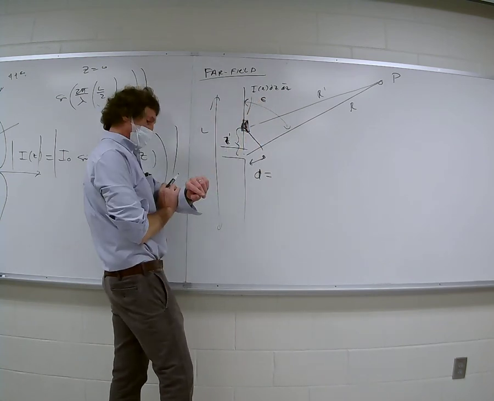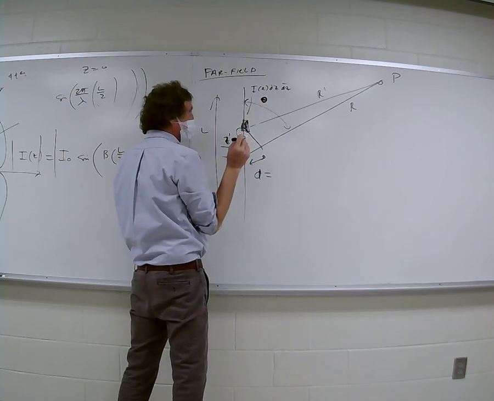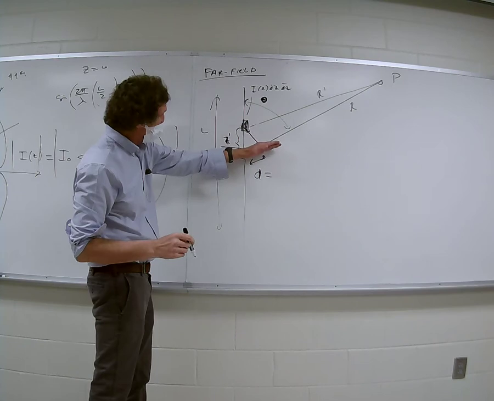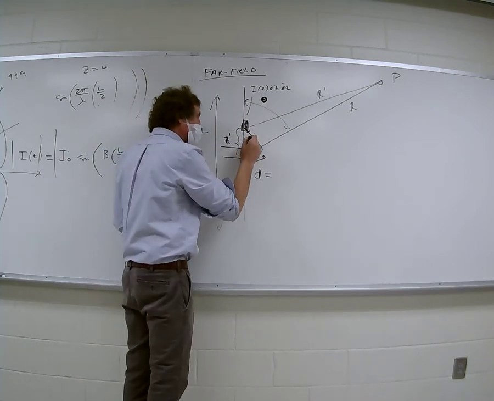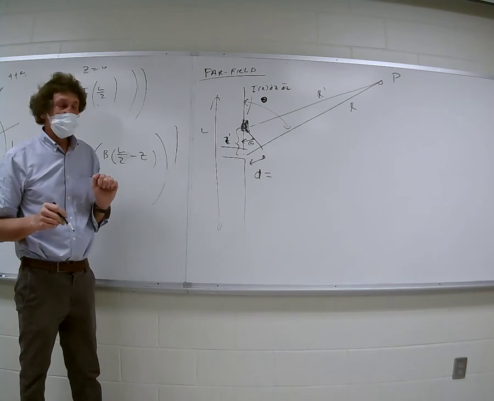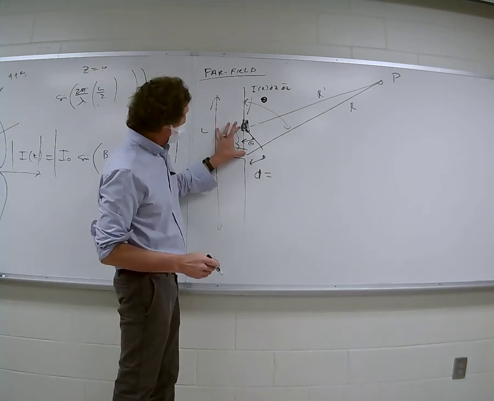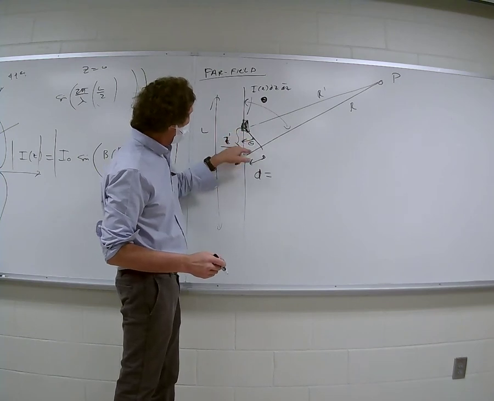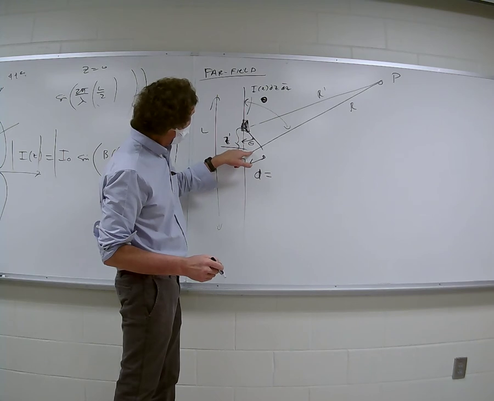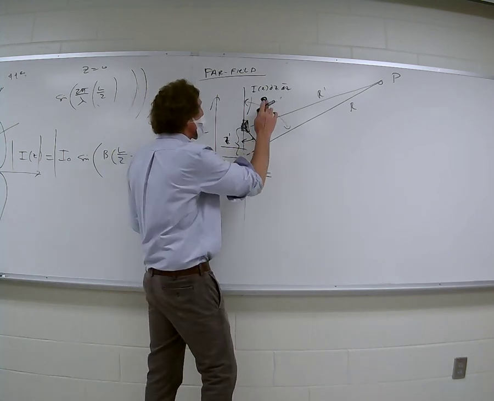I'm probably not going to have time to do justice to this, but you're going to get enough of it. If this is angle theta, now just watch this. If that's angle theta from here down to here, then this is angle theta as well, if you look. Y'all agree with that? If you look at this small triangle right here, this angle, and, wait a second, I did that wrong.